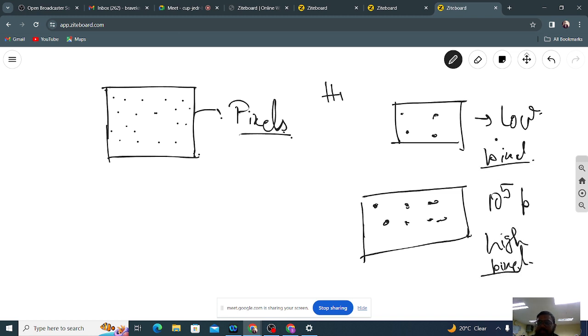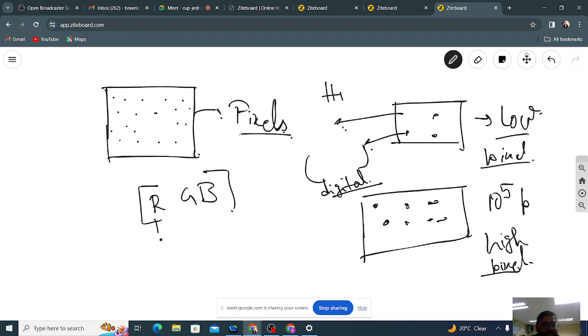Okay, so these particular values of the pixels will have some digital values, and all these digital values will form a particular discrete data set. Suppose we can represent an RGB format. So a pixel can have a red amount of 0.3, green amount of 0.5, and blue of 0.9.